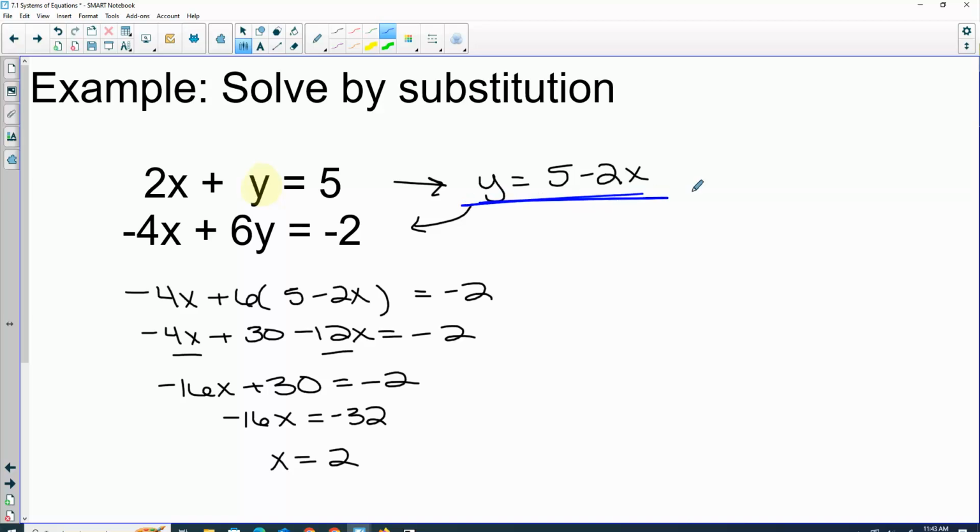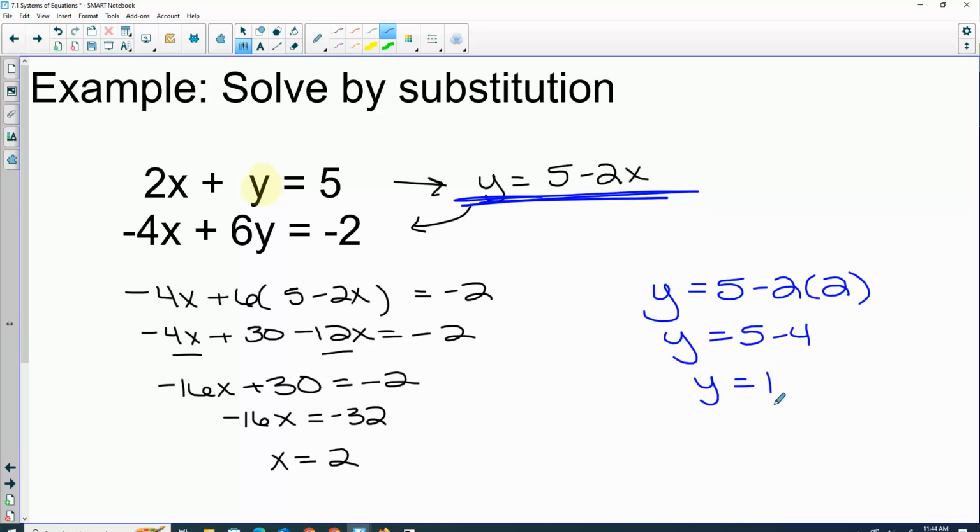So plug it back in. The easiest is the equation where we already solved for y. So if we put that in, 5 minus 4 is 1. And my point is 2, 1.